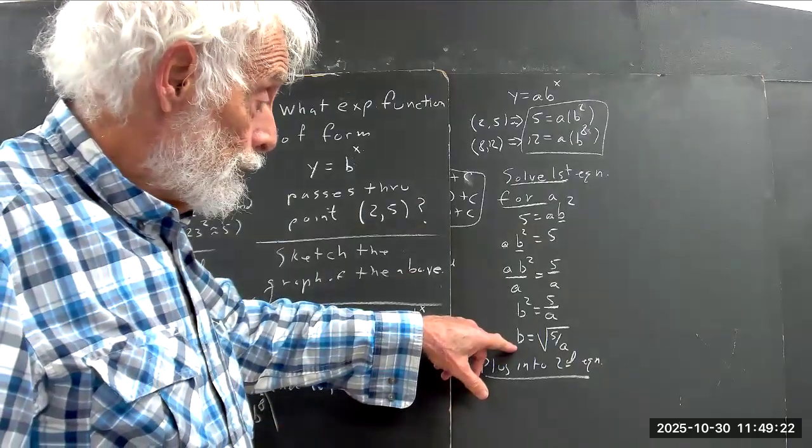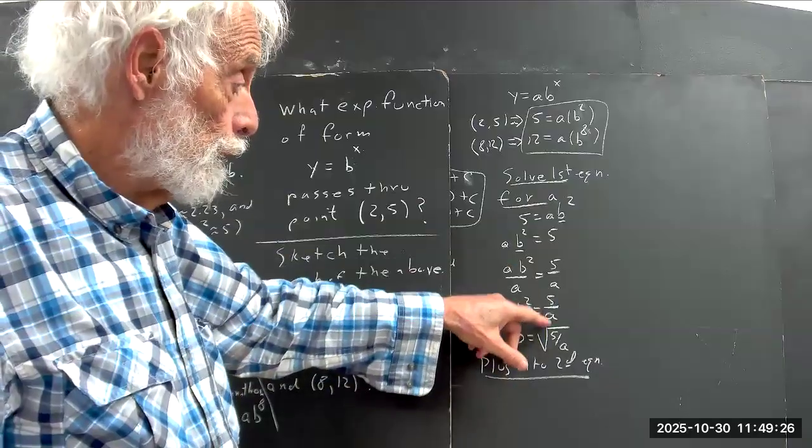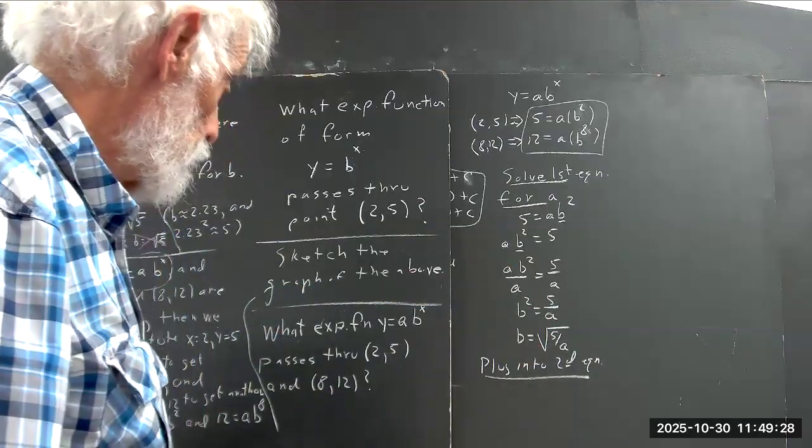In other words, instead of B in the second equation, write the square root of 5 over A.